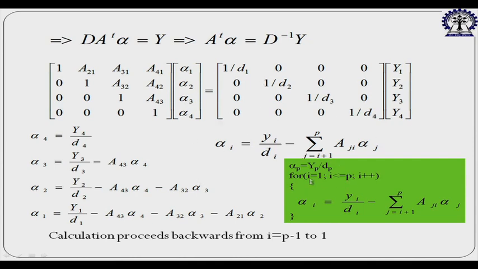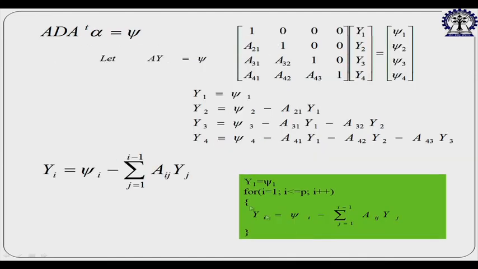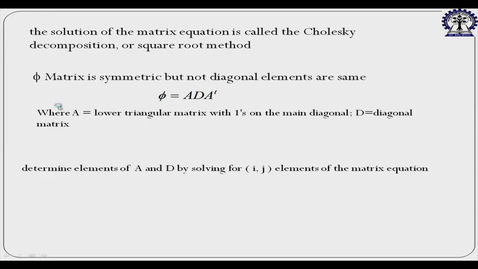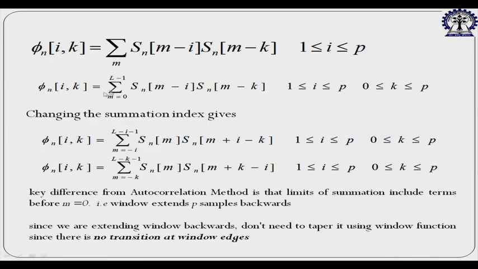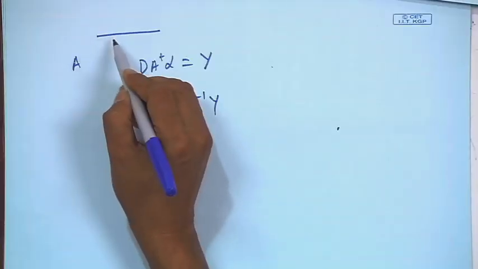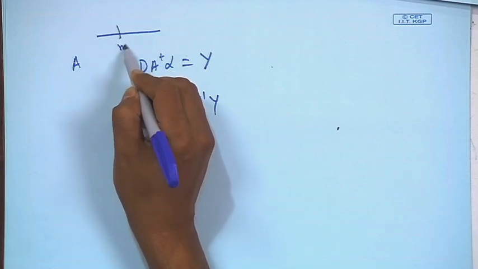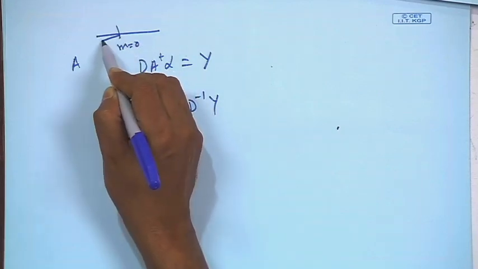So using this matrix decomposition technique, I can also calculate the alpha values if I know the phi values, where phi ik is defined within the window. The only difference is that in this covariance matrix, at m equal to 0, the signal is not 0.